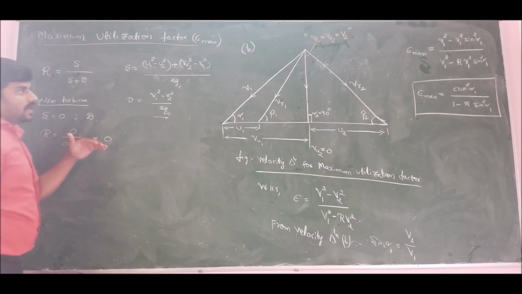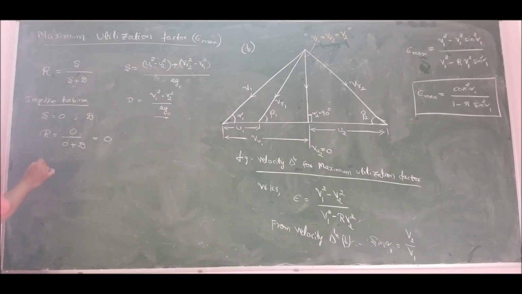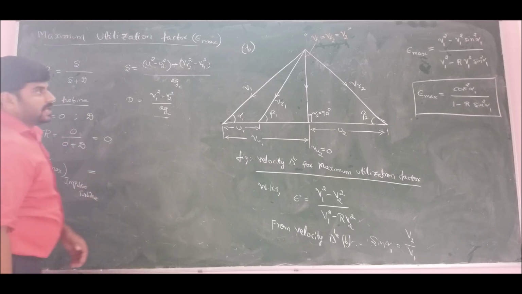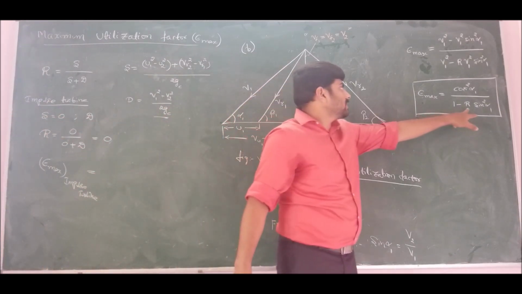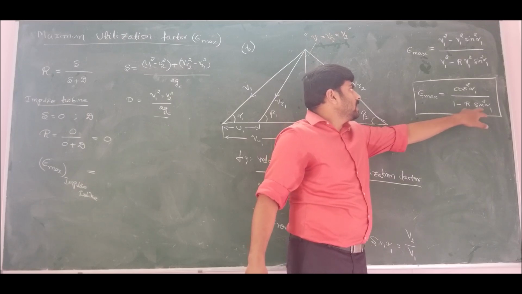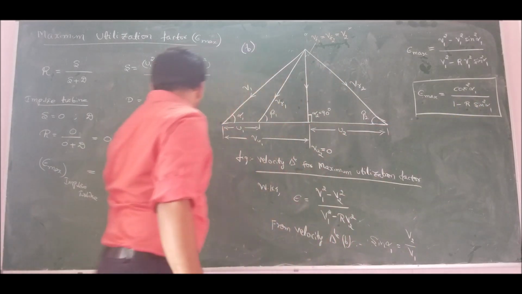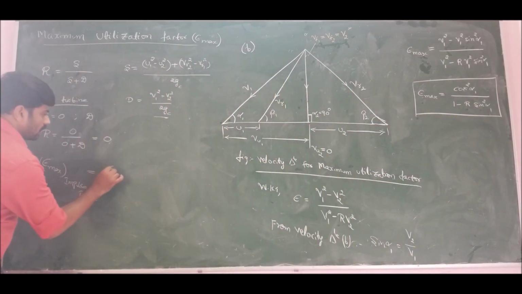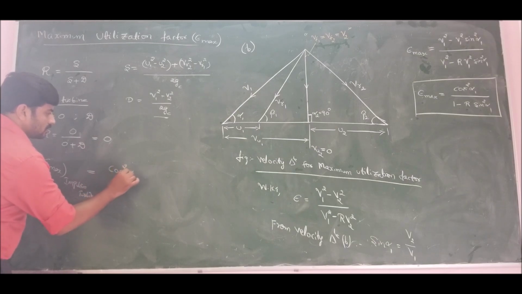So now substituting the value of R is equal to 0, the maximum utilization factor epsilon max for impulse turbine is how much you will get. If I substitute R is equal to 0, the denominator will become 1. So epsilon max will be equal to cos square alpha 1.